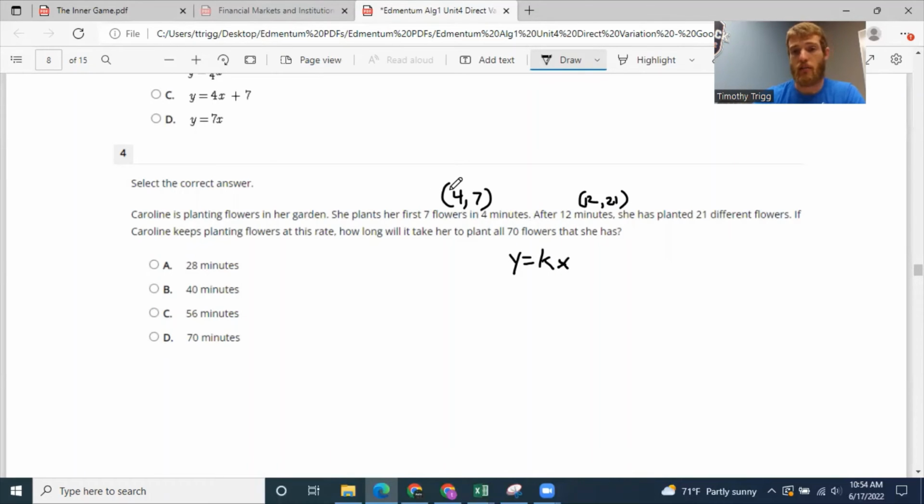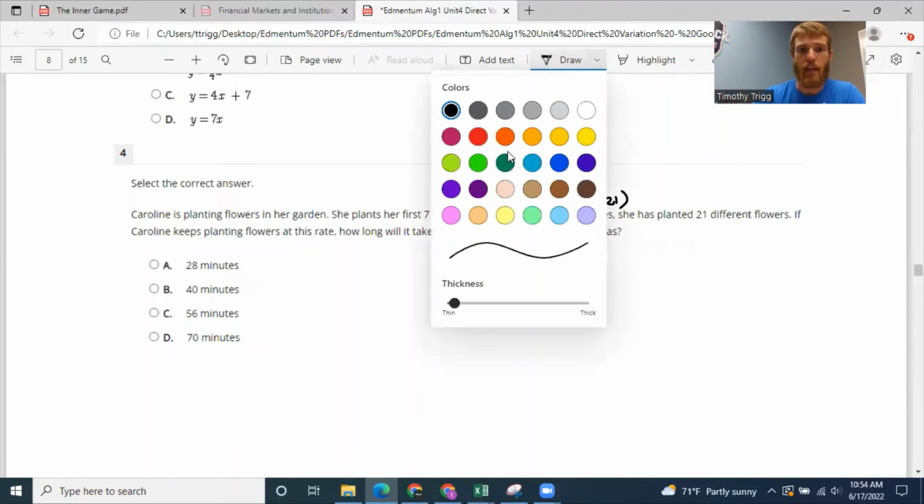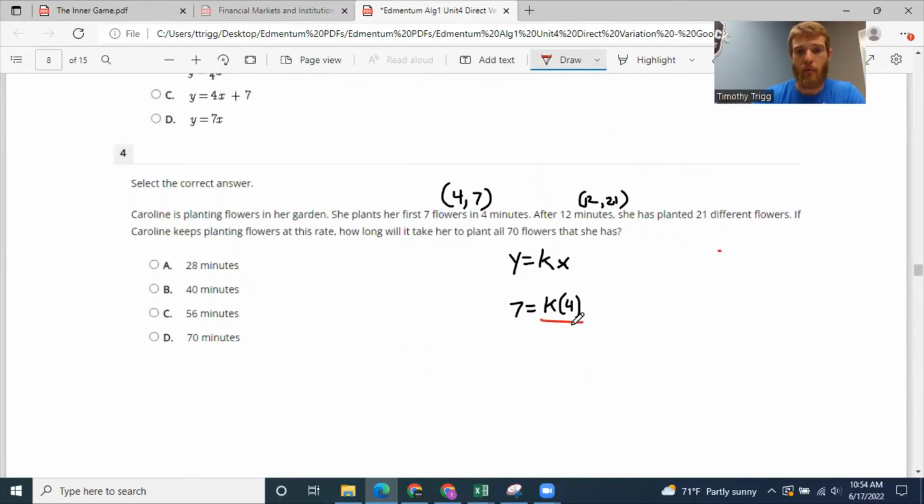Let's go ahead and use the smaller numbers. So for this one, we would replace the y with the y coordinate, so 7 equals k times the x coordinate, which is 4. Let's go ahead and solve for k, and the way we're going to do that is divide both sides by 4.